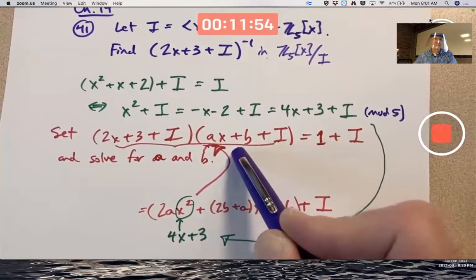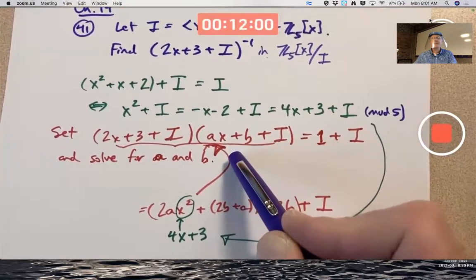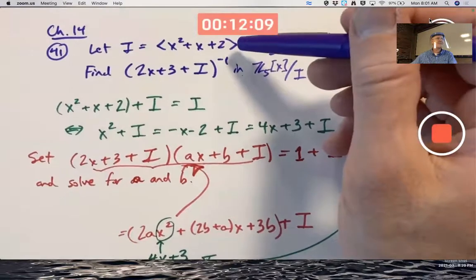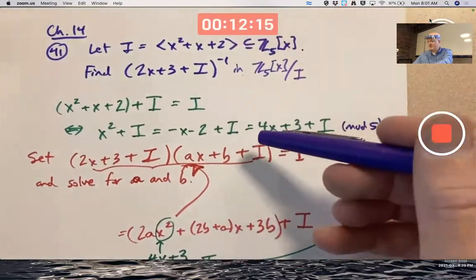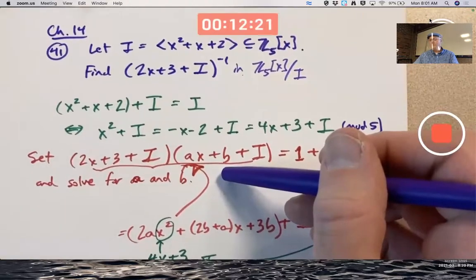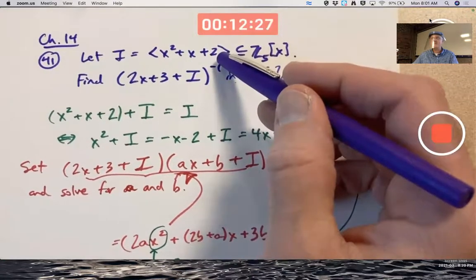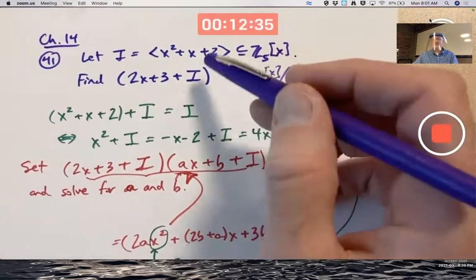I didn't explain why I can get away with an ax plus b. Do you remember based on the reading why we can get away with a linear polynomial here? It turns out the degree can't be higher than this because, based on the calculations and the examples in the reading, when your ideal is generated by a polynomial of degree 2 and you do calculations in this factor ring, effectively you're trying to find remainders when you divide by this thing.